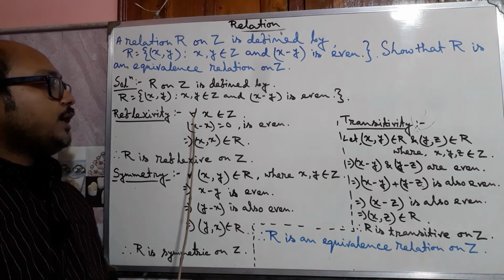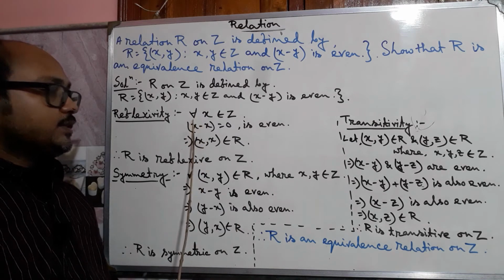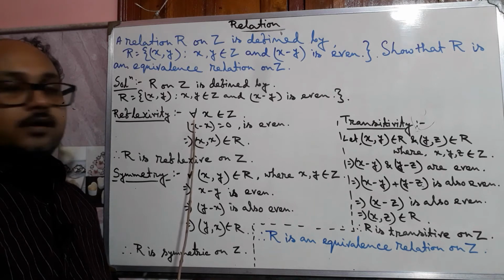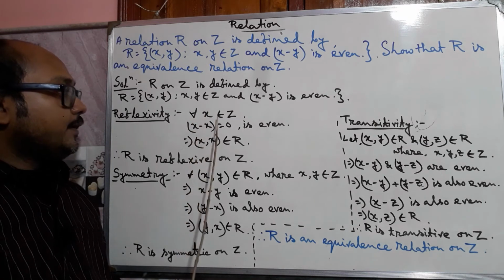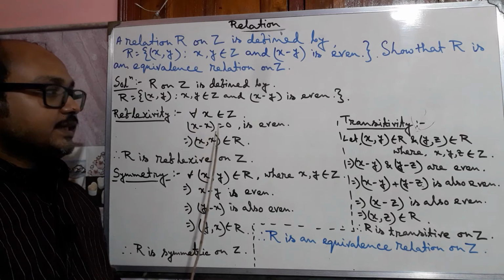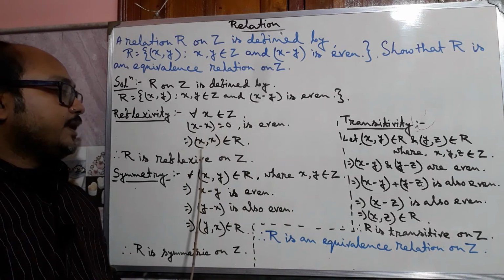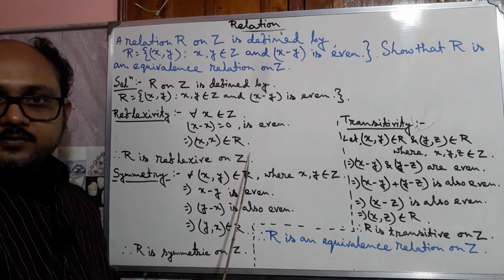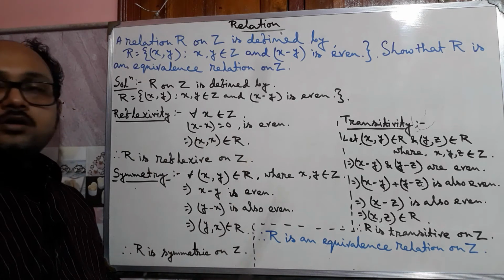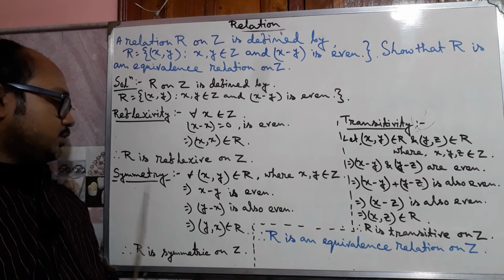So, for all integers, this is the symbol of for all, that means for every integer x, x minus x is equal to 0. 0 is an even number. So, ultimately the ordered pair (x, x) belongs to R, that is, R is reflexive on Z. Now, symmetry.